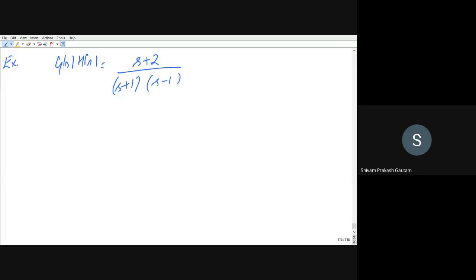For this, you have to determine the stability using the Nyquist stability criteria. So first you have to draw the Nyquist plot, then apply the Nyquist stability criteria. For that, we first put s equal to j omega.